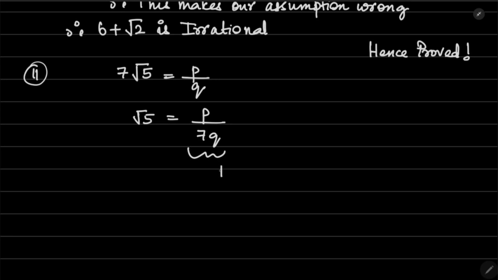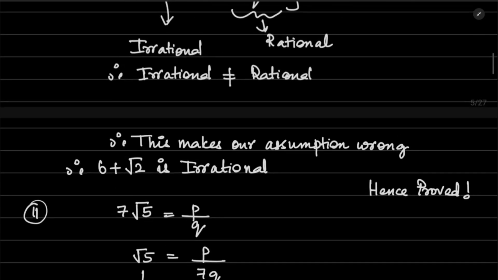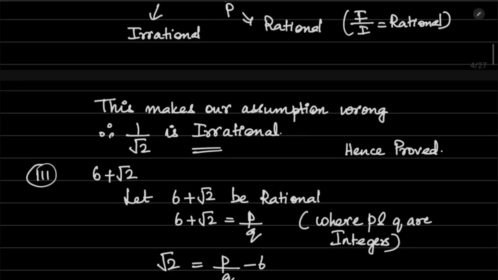Again, this is in the form of integer over integer, which makes it rational. And your root 5 on the LHS is irrational. Irrational cannot be equal to rational. Therefore, this makes our assumption wrong. Therefore, 7 root 5 is irrational. So this is how you have to do it. The same steps. I hope you understood.